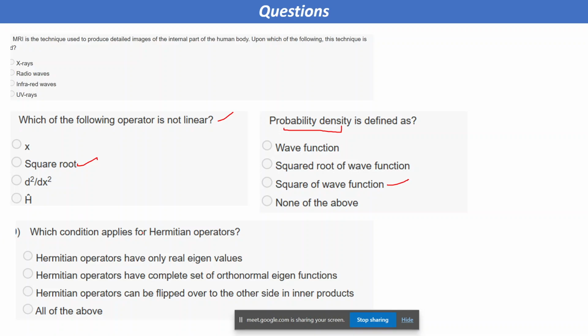Now, which conditions apply for Hermitian operators? So just tell me first, what is a Hermitian operator? It is basically a linear operator.